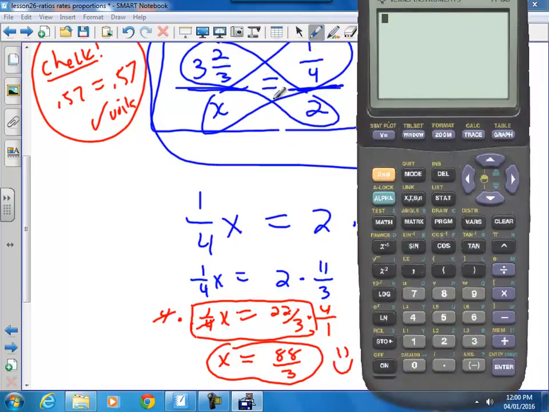But what I mean is when I see 3 2/3, I know that means 11/3. So what I'm getting at is I can take 11/3 times 2 on my calculator, and then I can basically divide it by 1/4 on my calculator.